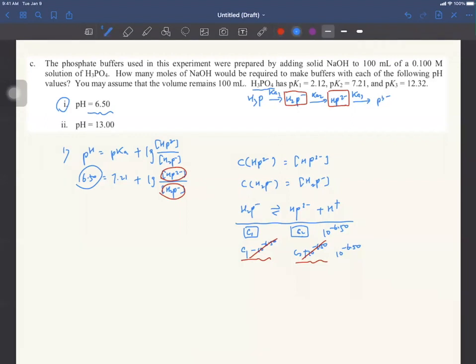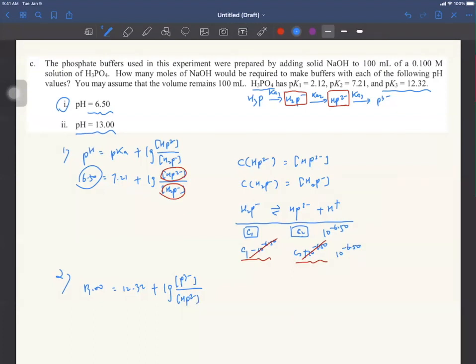There's no issue. But when we use the similar idea for the second part, pH equals 13, which means this one is close to pKa3. So we will say 13.00 equals 12.32 plus logarithm, still conjugate base, PO4 3 minus over HPO4 2 minus.